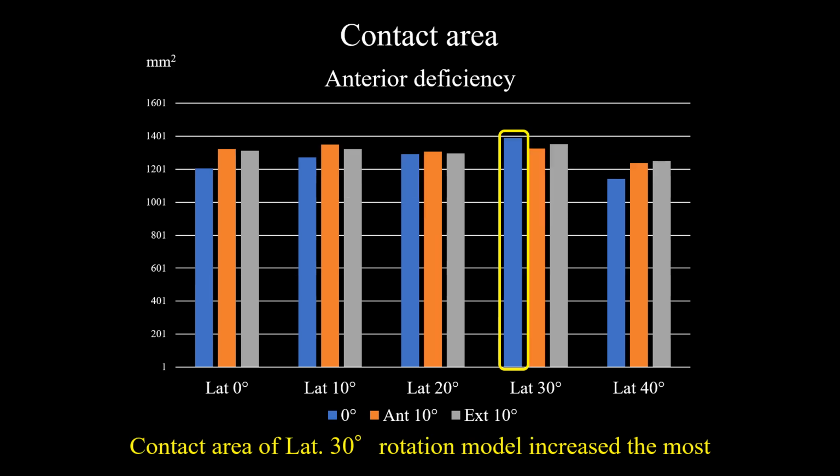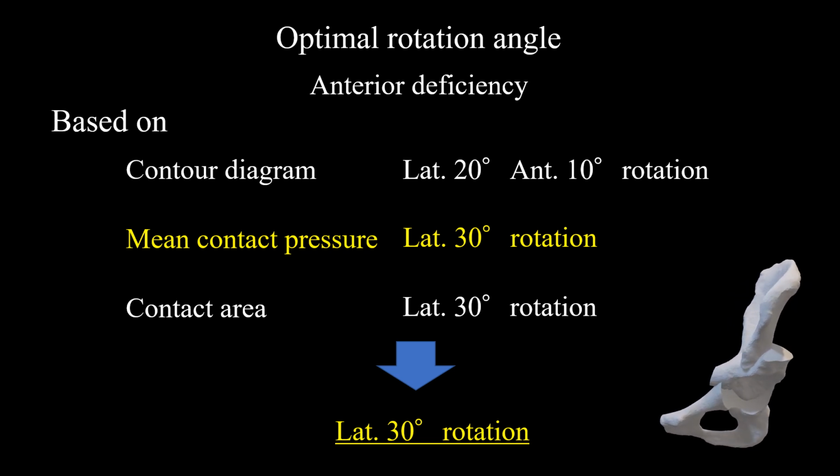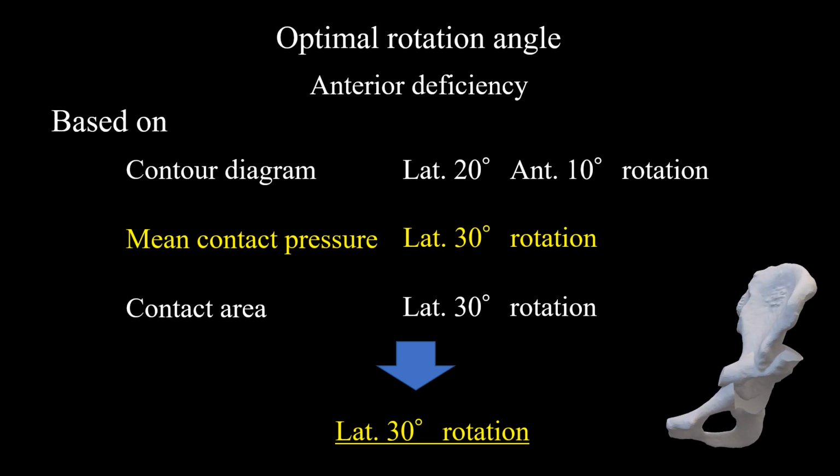This is the contact area of anterior deficiency. Contact area of lateral 30 degrees rotation model increased the most. Optimal rotation angle of anterior deficiency based on mean contact pressure was lateral 30 degrees rotation.